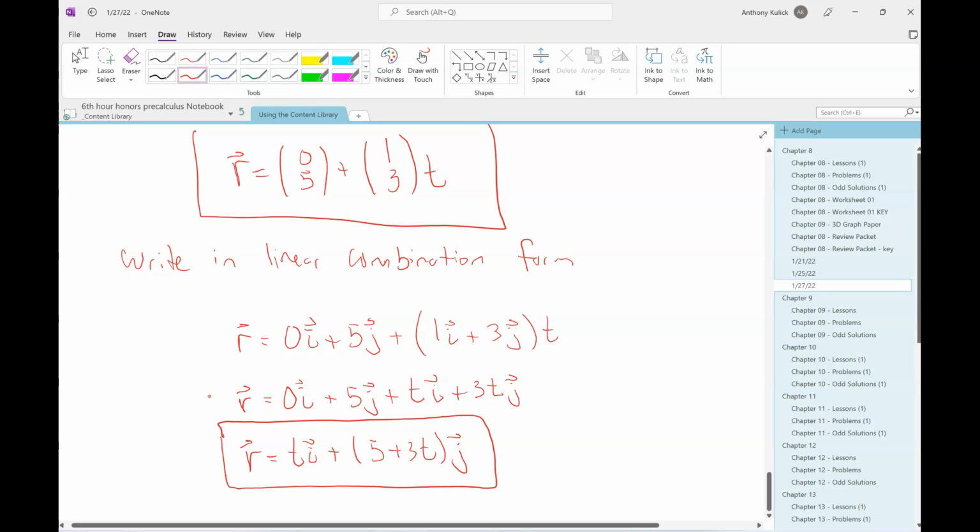Everybody okay with that? Just did a little rearranging.